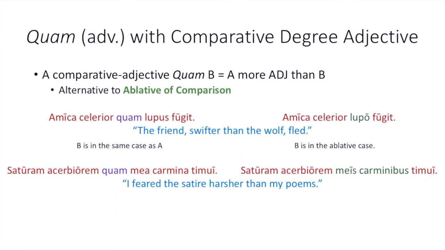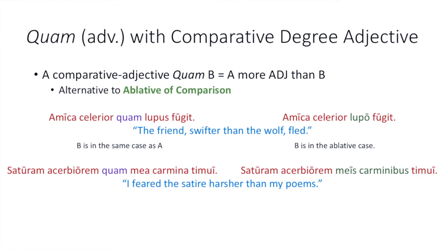To look at another example, since as that chart shows, we can use comparative adjectives in other cases. Saturam acerbiorum quam mea carmina timui. The saturam and mea carmina are both accusative. So I feared the satire harsher than my poems, and the harsher is telling us more about the satire.